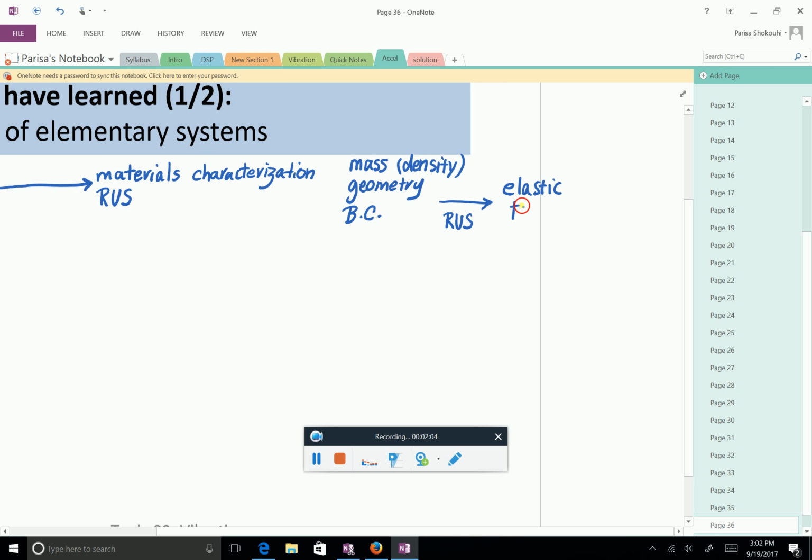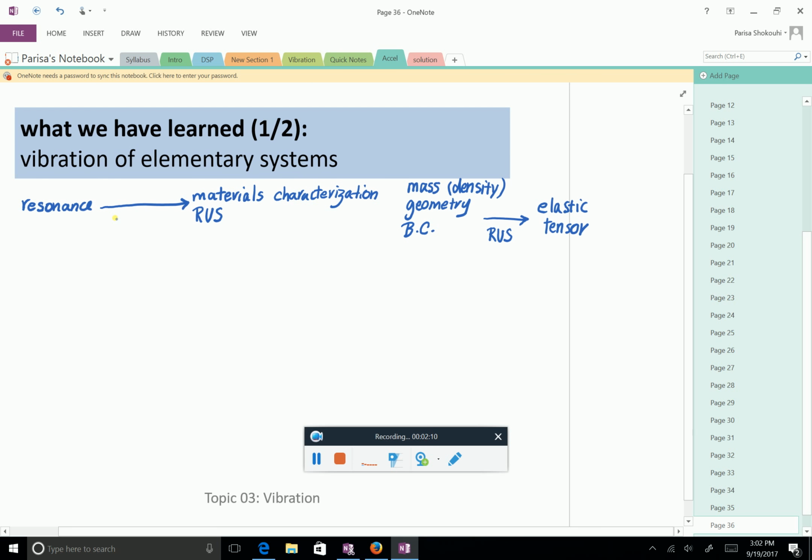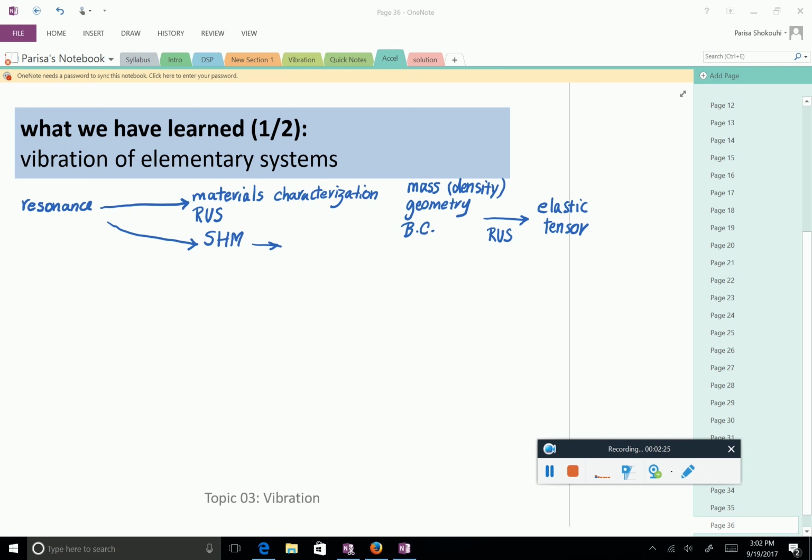I just want you to remember how we started this. Some of your interests are maybe more related to structural health monitoring. A very similar procedure is used in structural health monitoring to identify defective elements.